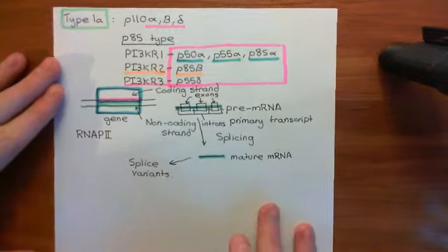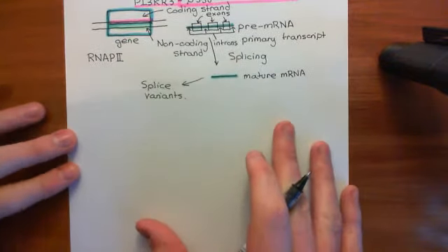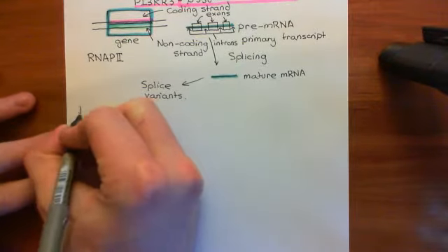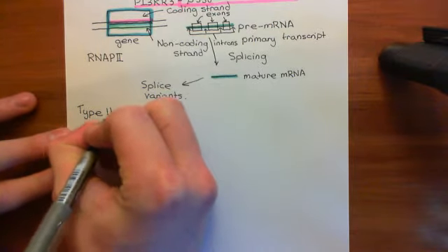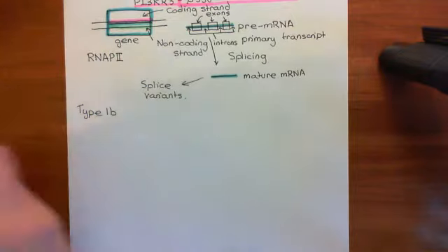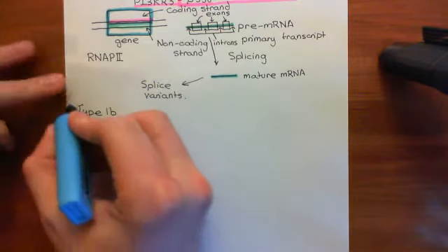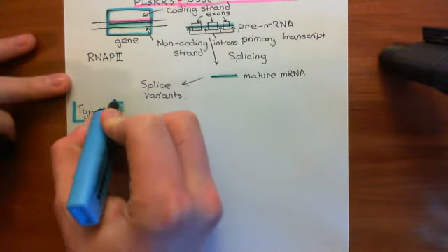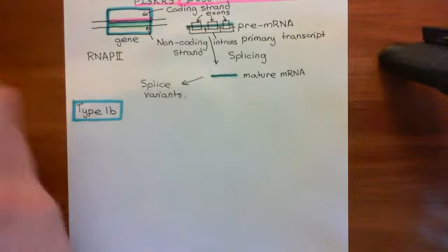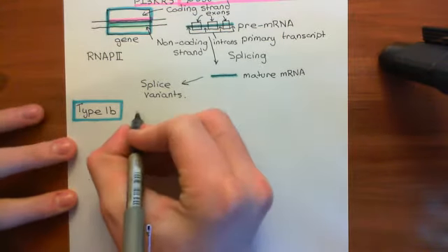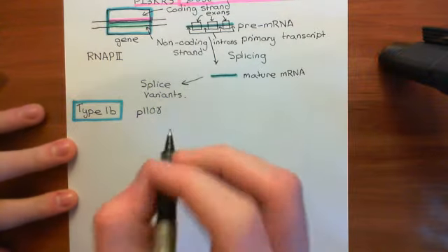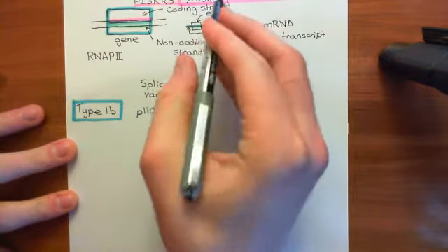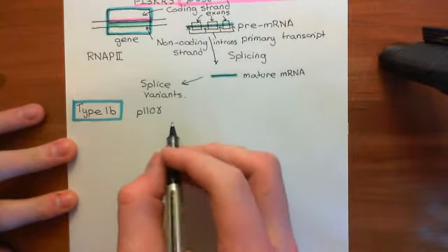Okay, right, just to give you a complete picture, I'm going to talk about the regulatory subunits that you can now have for the type 1b Pi3-Kinase enzyme. So remember the type 1b Pi3-Kinase enzymes always had as their catalytic subunit P110 gamma. Now, the regulatory subunits are completely different for P110 gamma.